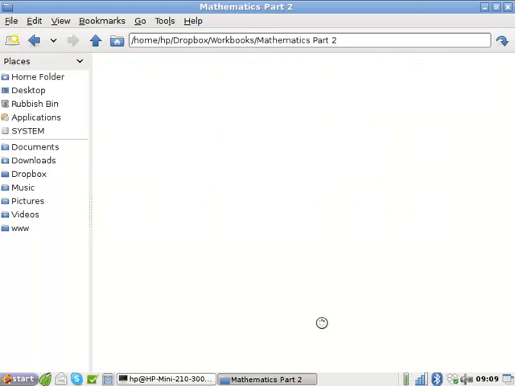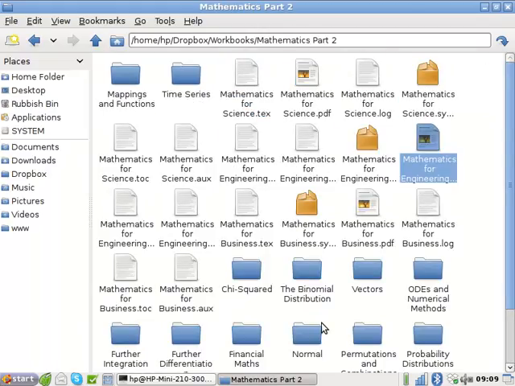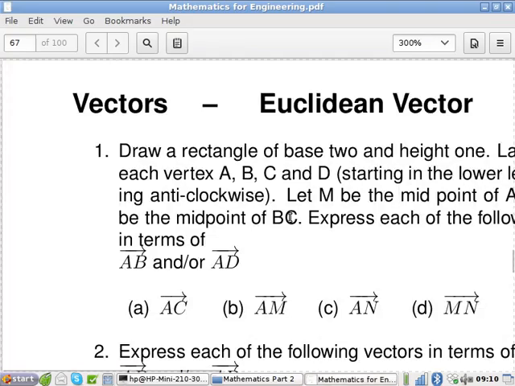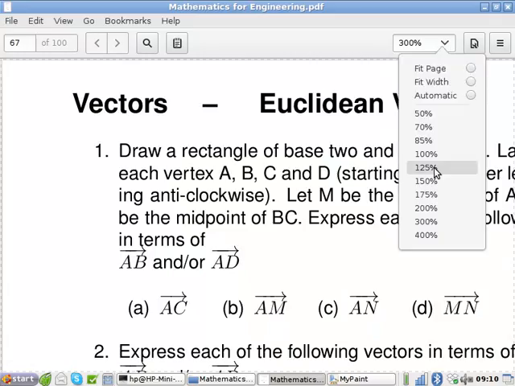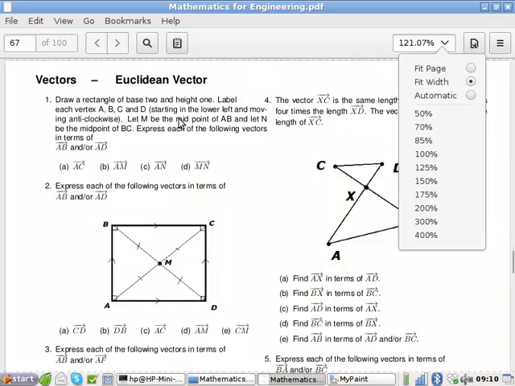Let's have a look at the maths now. Okay, which one?